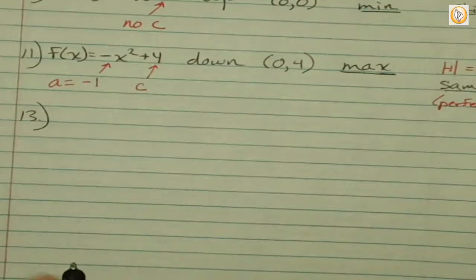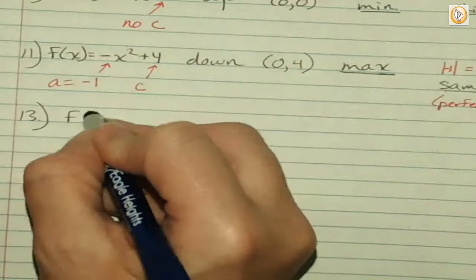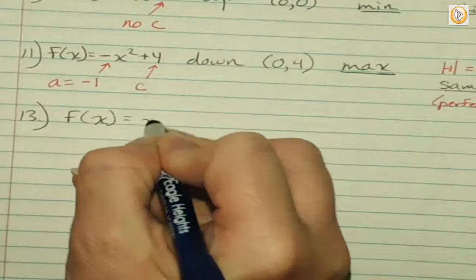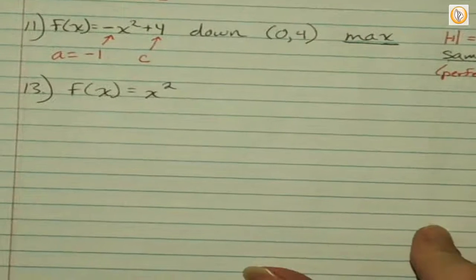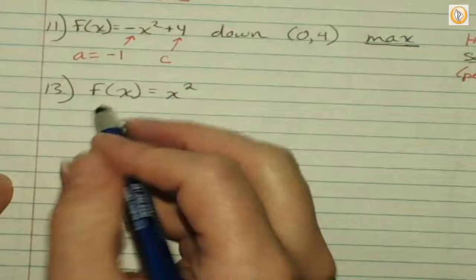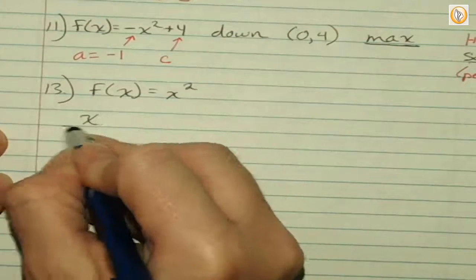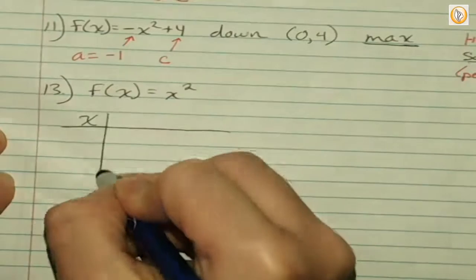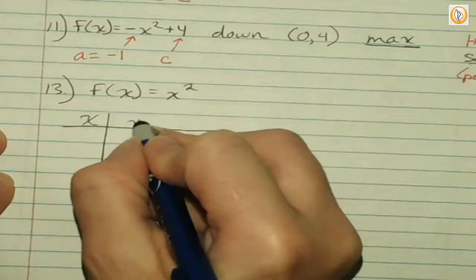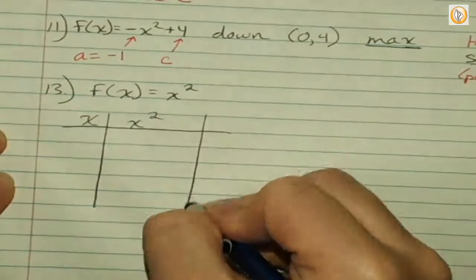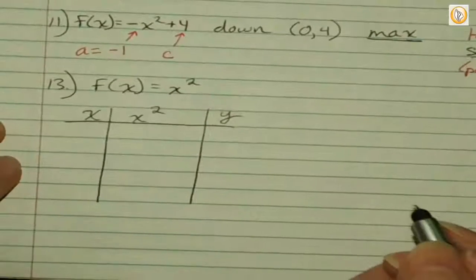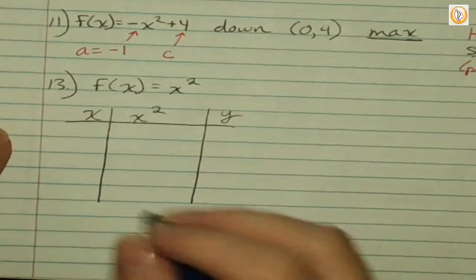So 13, f of x equals x squared. Did they give us x this time? No. So how many x's do I need to find? Bingo. You need to find 5 random ones.